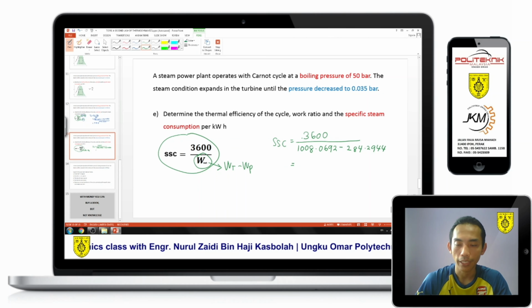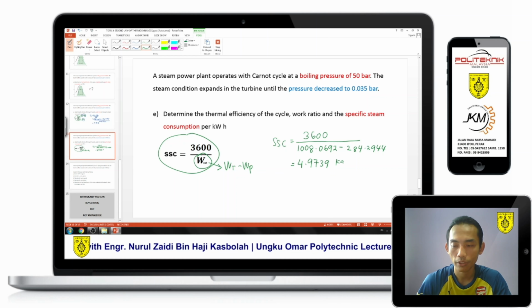So SSC equals 4.9739 kilogram per kilowatt hour.